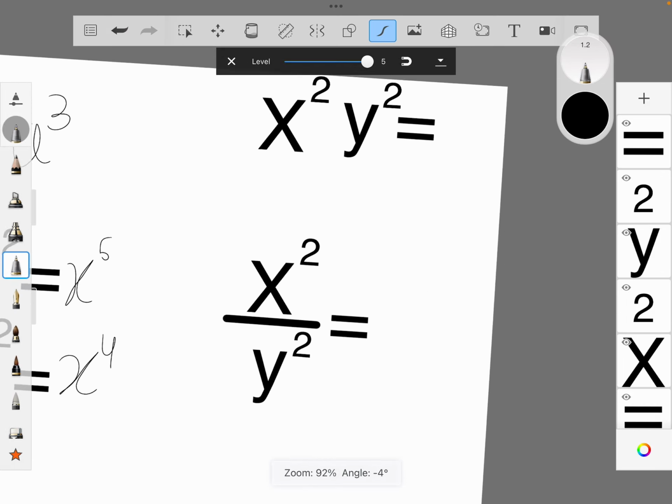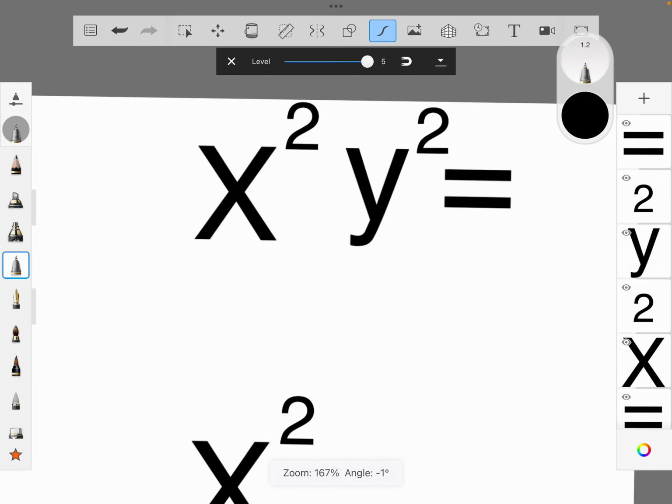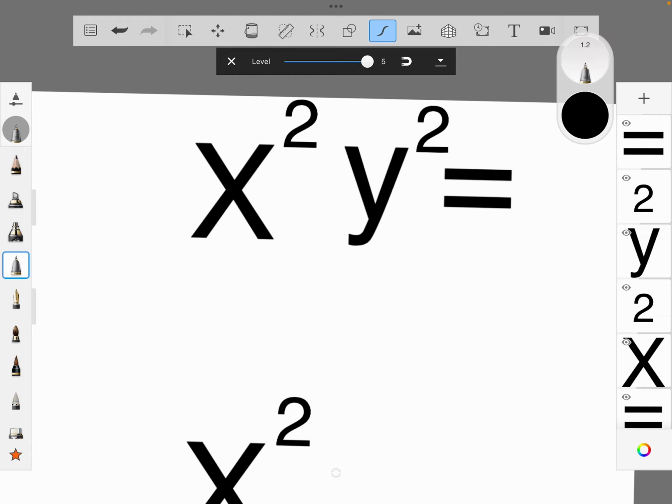Okay. Now let's move on to a slightly harder one. These don't have the same base. But what do they have in common? You guessed it, they both have the power of 2. So in this math problem, I'm just going to write to the side x equals 2 and y equals 3.